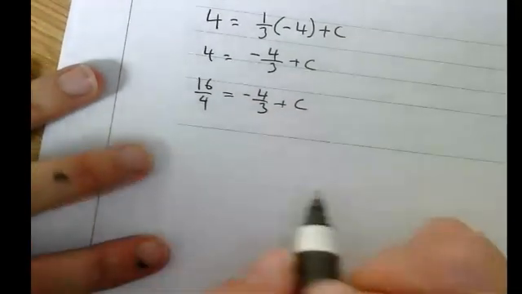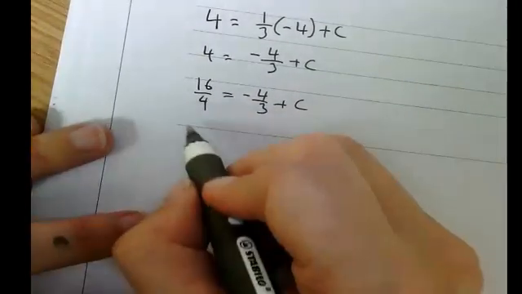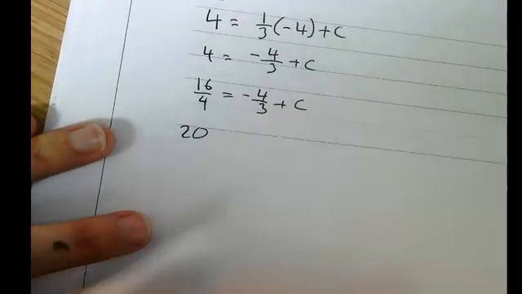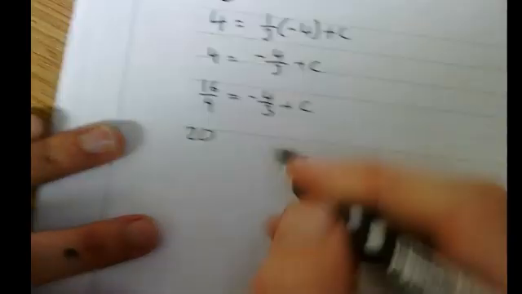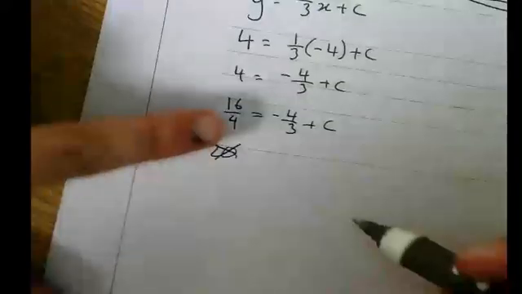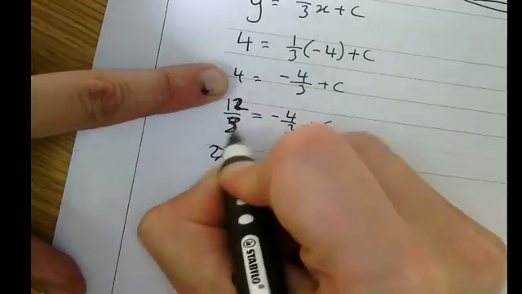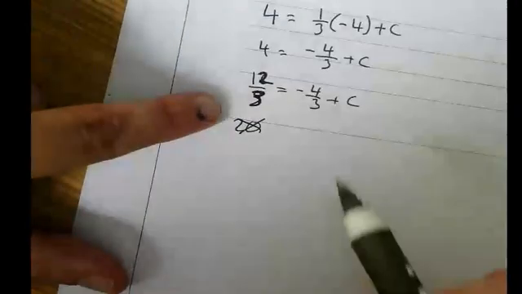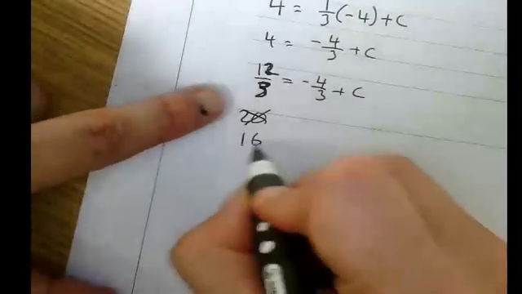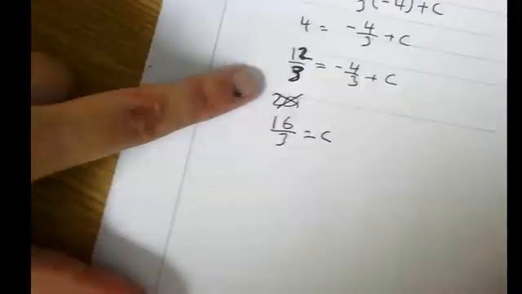Adding 4/3 on both sides is going to give me 20. Oh, what have I done? Sorry. Let's go back. I want to write it as a denominator of 3. So I'm going to write it as 12 over 3. Now I can add 4/3 on both sides. Gives me 16 over 3 is equal to c.